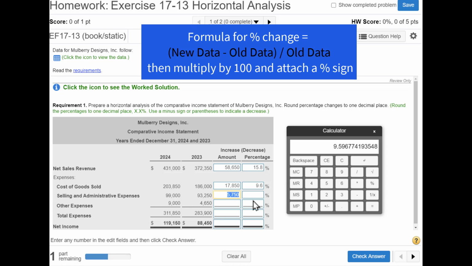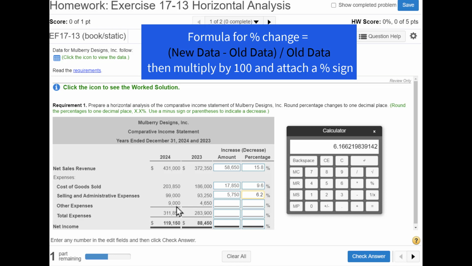So the percentage change is 5,750 divided by 93,250, times 100 to convert it to a percentage, and we get 6.16, which rounds to 6.2%. So the good news so far is our revenues are increasing faster than our 2 largest expenses.